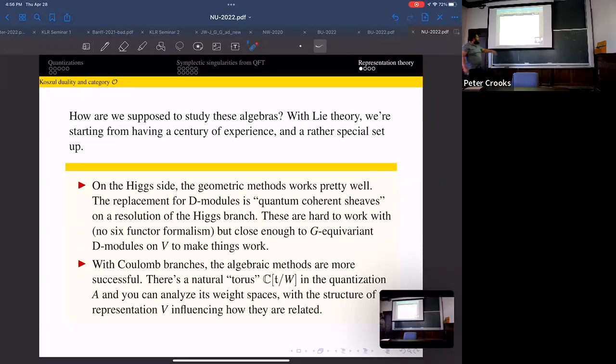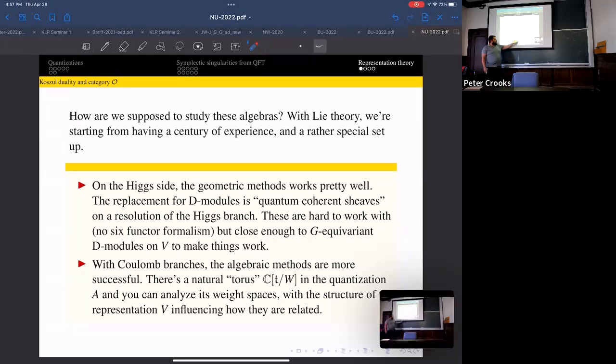Basically, you can use more usual D module techniques before you reduce, and then maybe you won't do that much damage when you do the reduction. On the other hand, on the Coulomb branch, you should do something much more algebraic.